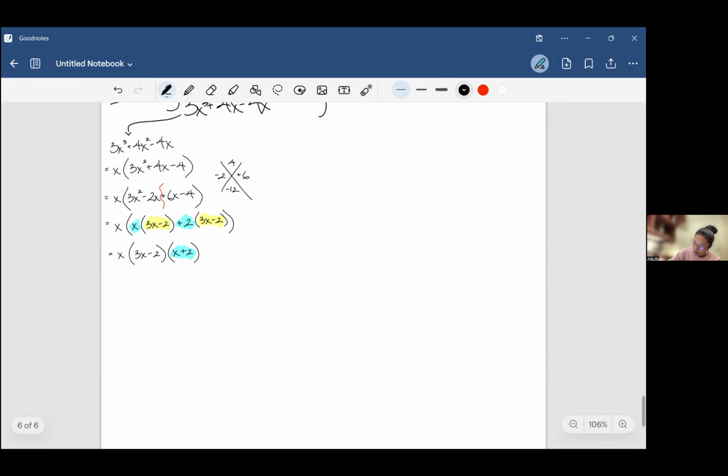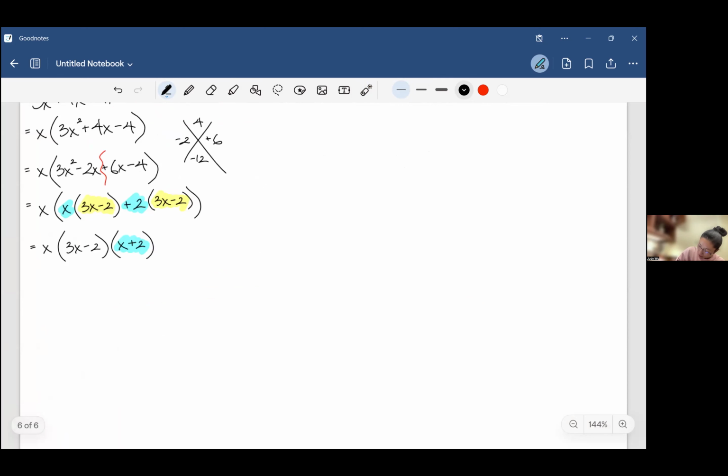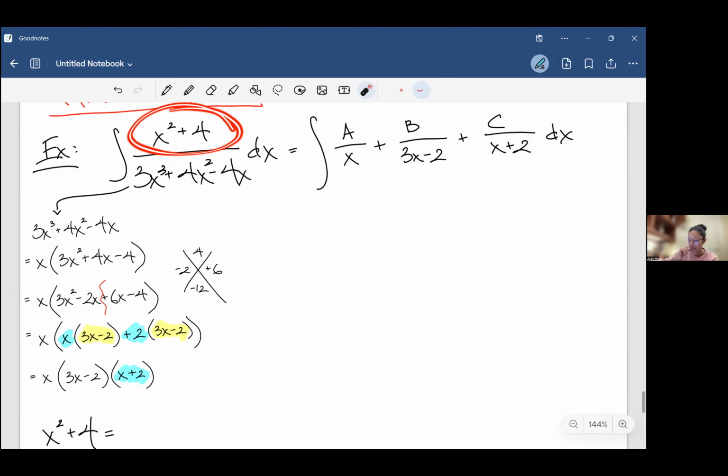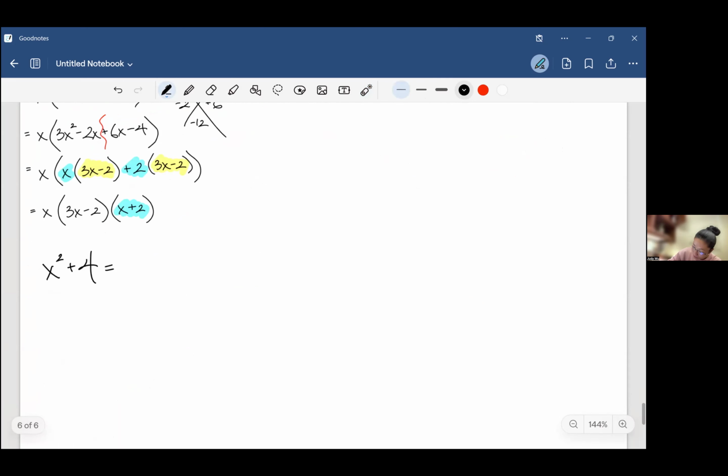All right, so we have x squared plus 4. That's the numerator on the left-hand side, equals A, and now I have to multiply A by the other 2 denominators. So A times (3x minus 2) times (x plus 2).